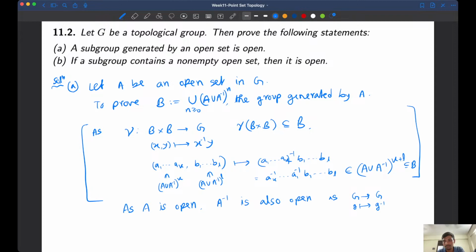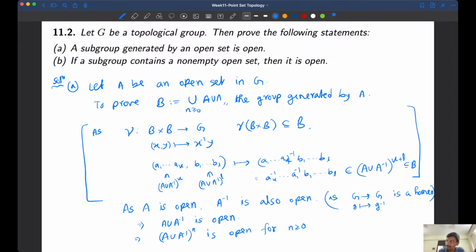Yes, binary operation is the thing, but here actually, in class we proved that G cross G going to G, where we map the tuple (x, y) to x times y, is a homeomorphism.